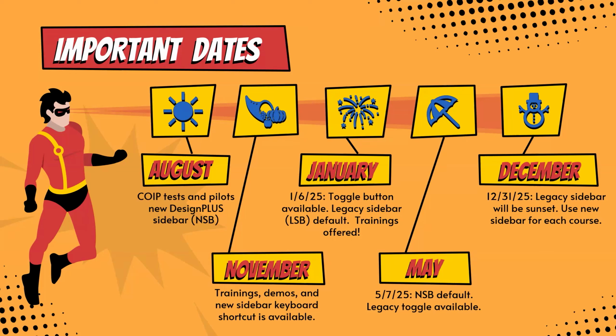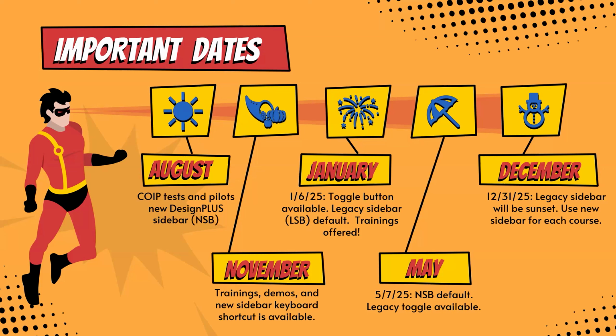Then in January, all of spring semester, the legacy sidebar will be the default sidebar that will open. And then you manually have to toggle it to the new sidebar. In May, the new sidebar will be the default sidebar when you open a page.